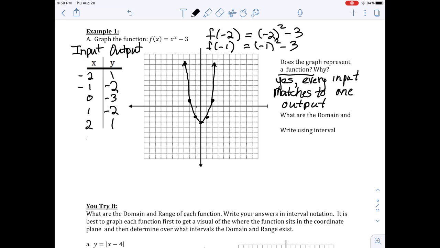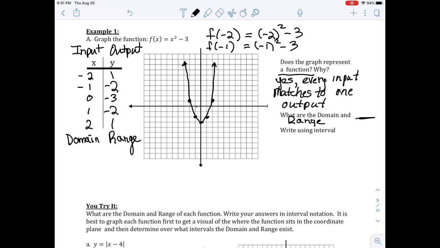We also have another name for inputs and outputs, and that is domain and range. So the word range got cut off right there. So the x values are your domain and the y values are your range. So domain and range. Different functions will have different domains and ranges.